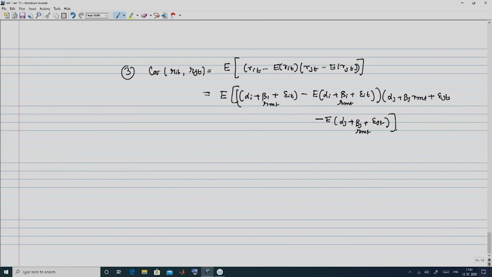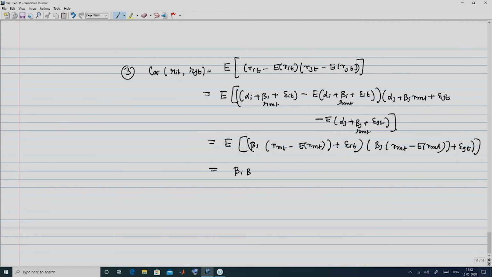So, if you cross multiply, this becomes the expected value of beta_i times R_mt minus E of R_mt plus epsilon_it, multiplied by beta_j times R_mt minus E of R_mt plus epsilon_jt, and this will simply become beta_i beta_j sigma_m square.